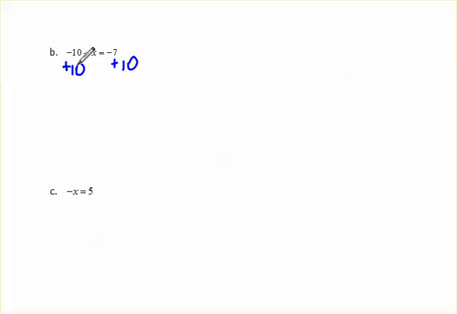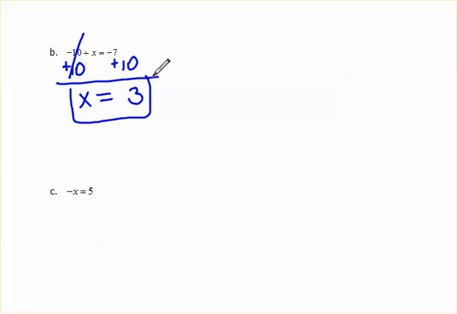So a negative 10 and a positive 10, those are additive identities, so they cancel each other out. And we're left with x on the left side equals, here we have different signs again. So when we subtract 7 and 10, we get 3, and we keep the sign of the bigger number, which would be a positive. So in this case, x equals 3.